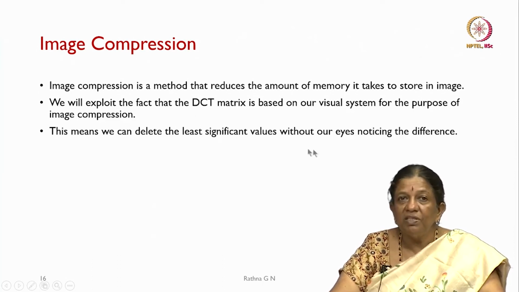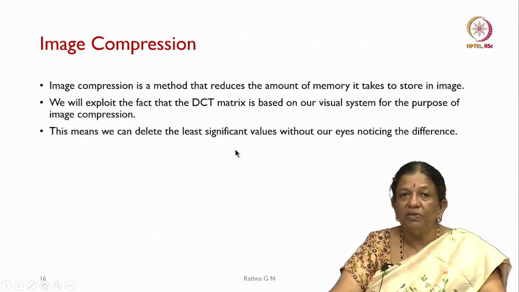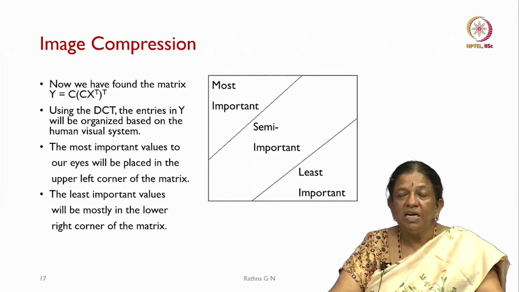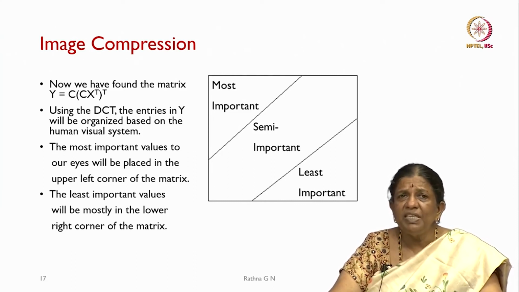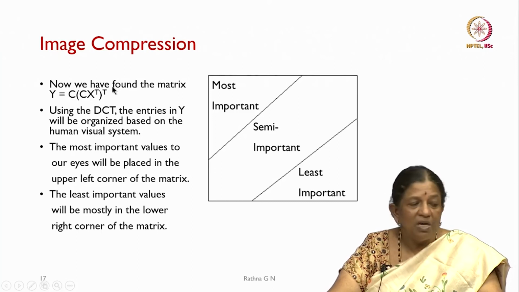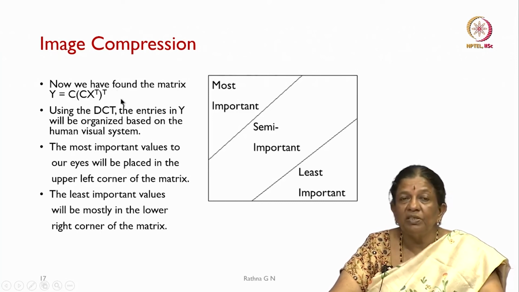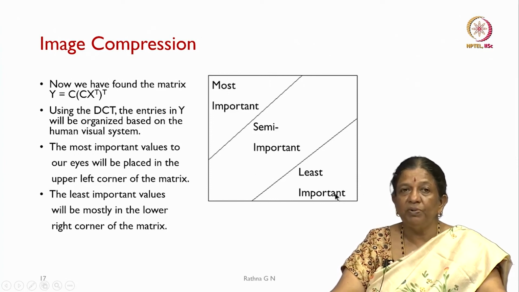There are different ways of doing compression. The first one we have discussed, we will go through one more time. We have found this matrix, Y is C transpose whole transpose, and in this case this is the most important part of our image, these are semi important, and these are the least important values.